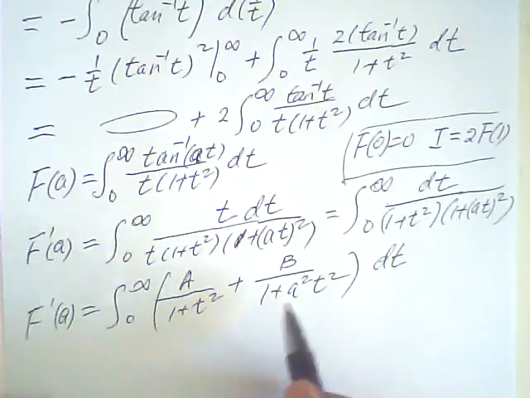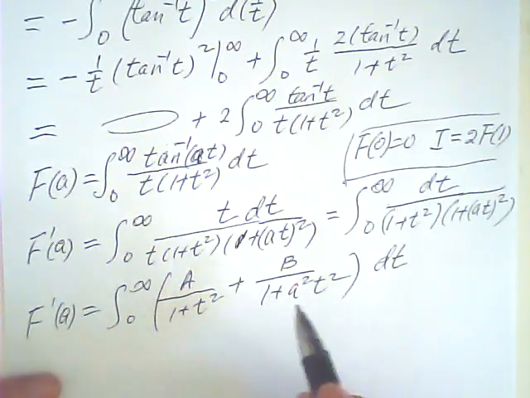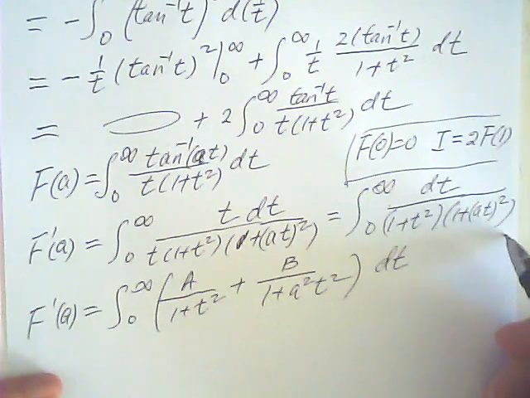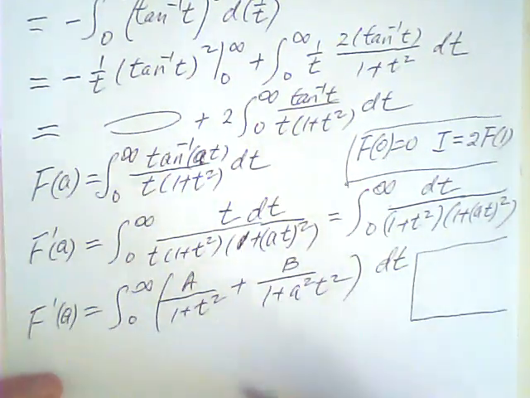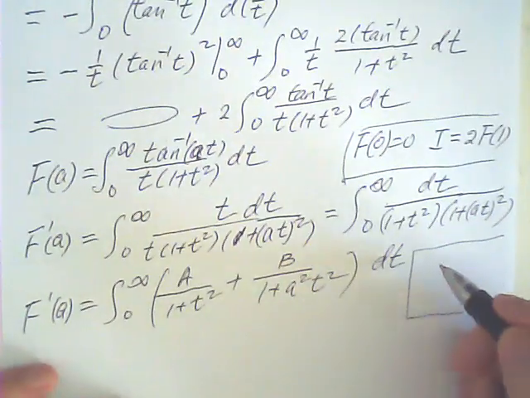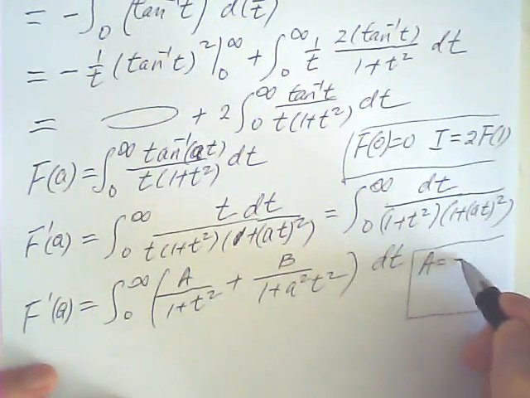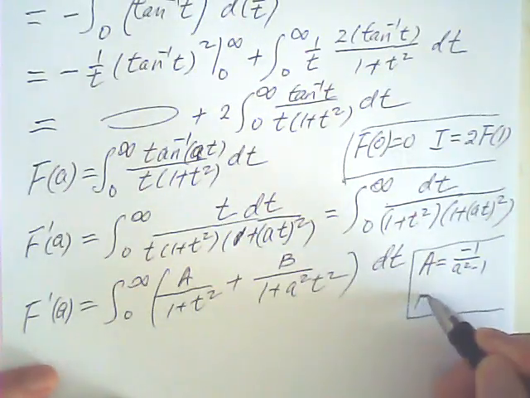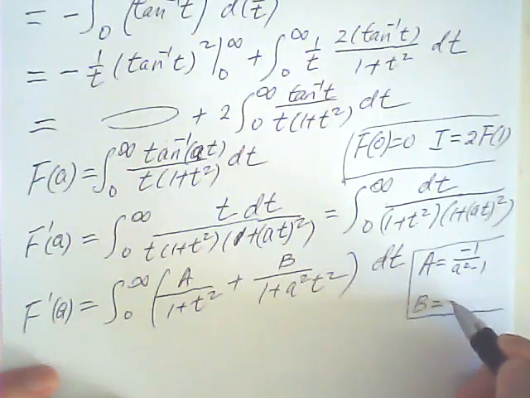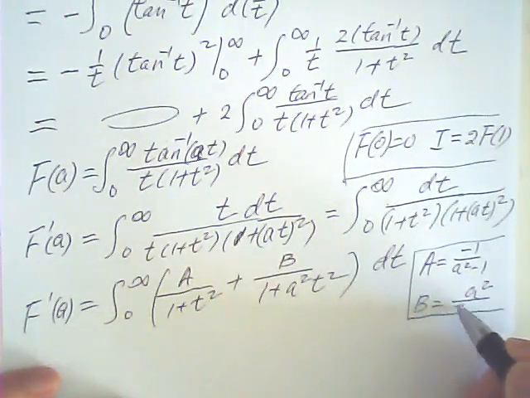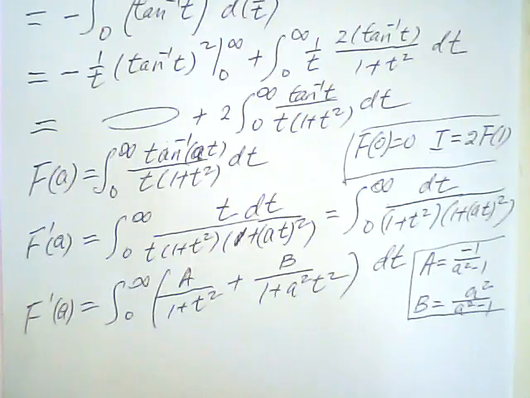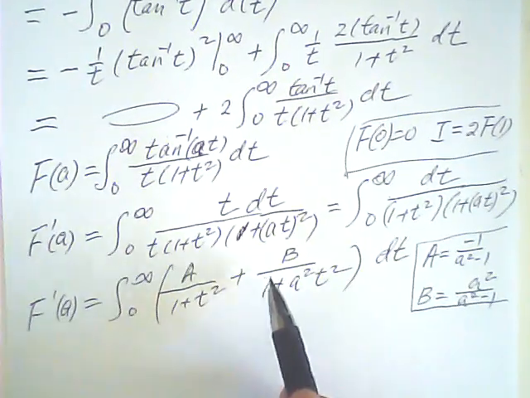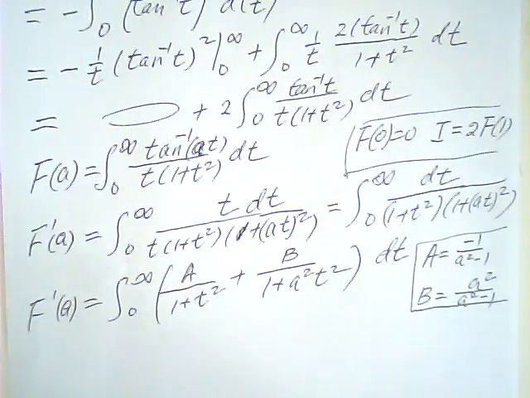I suppose you know how to determine A and B by comparing the coefficients, right? So I save time and skip that. So A is equal to negative 1 over a squared minus 1. B is equal to a squared minus 1. Okay, just to find A and B.